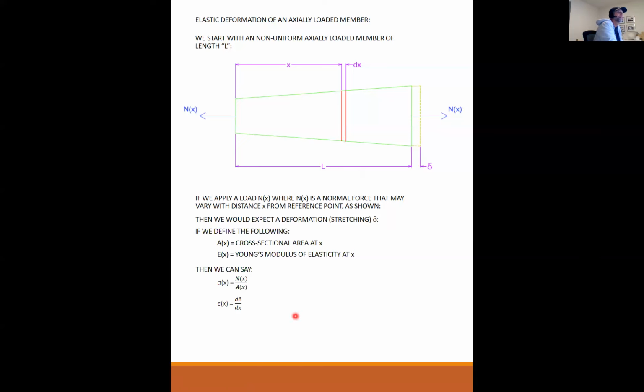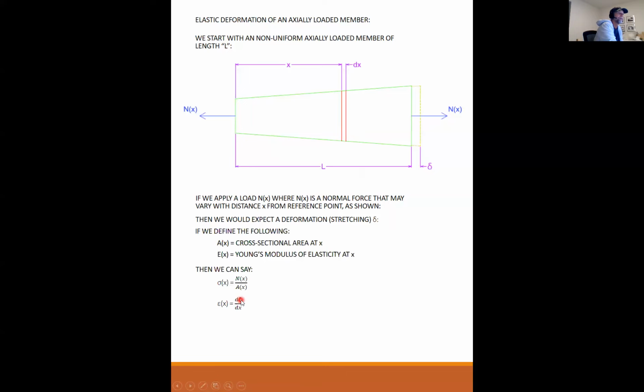So the strain at any point at x is going to be equal to a little differential of the total deformation. This is the deformation over the whole length L. Over this distance dx, you're going to have a little differential delta.